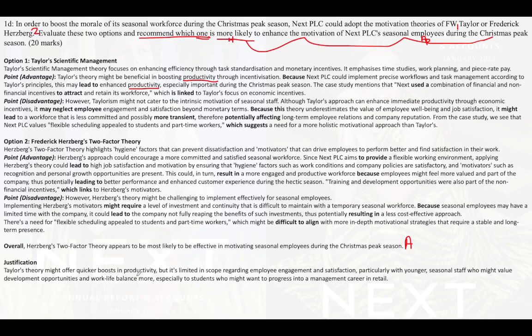That's back to the scheduling point. Especially to students who might want to progress into a retail management career. So through that bit in the end, they're students, they're at university or they're at college or they're in the sixth form, and maybe there's something that's more important than just getting some extra cash.